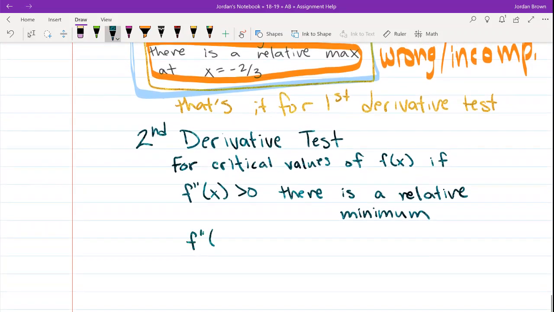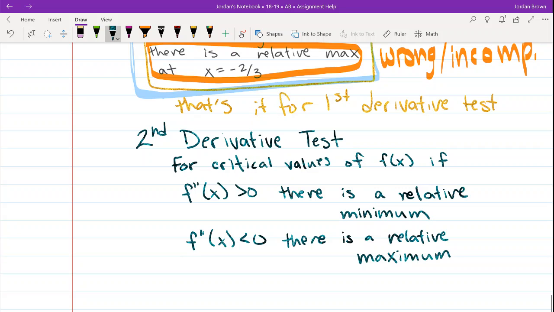If f double prime of x is less than 0, there is a relative maximum. And if f double prime of x equals 0, it is inconclusive.